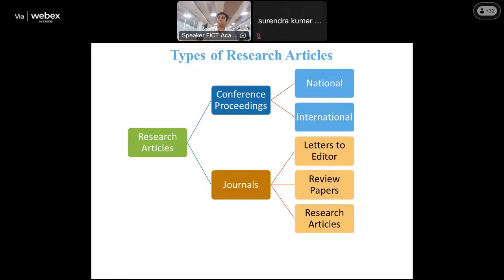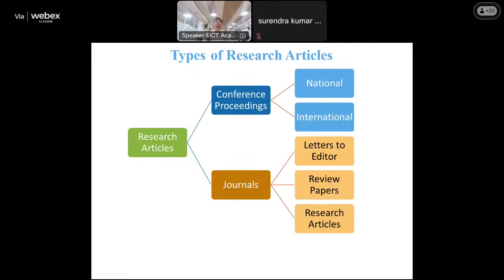Now that conference can be national or it can be international. Typically it is bifurcated according to the number of stakeholders involved in that particular conference. If we talk about the international conference, the stakeholders, that means the committee members, some of the reviewers, as well as the authors, around 10 to 20 percent of the authors are from various countries.